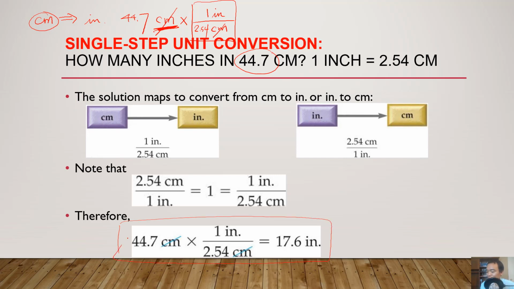Hopefully this helps. Do remember, 2.54 is an exact number, so it has unlimited number of sig figs. The sig fig will go by 44.7. So you have 3 sig figs that you keep, and you have 17.6 as the correct answer.